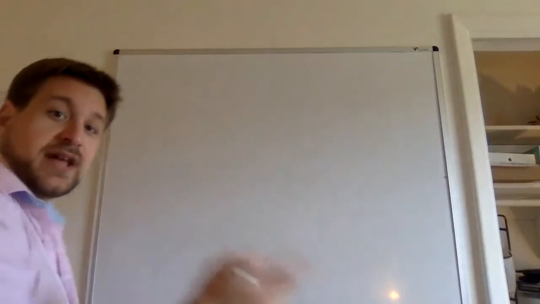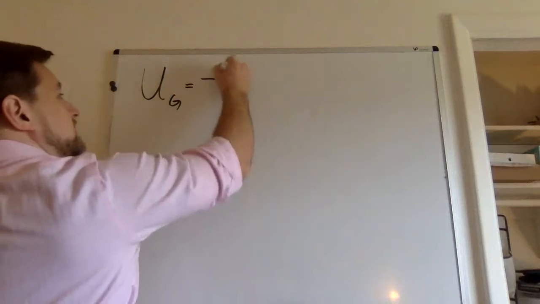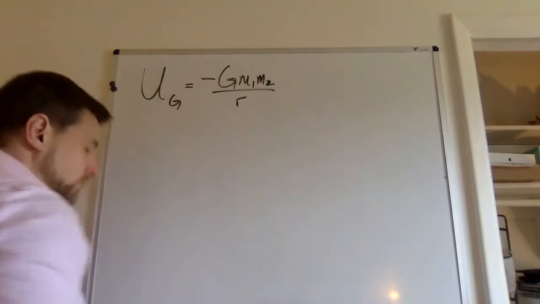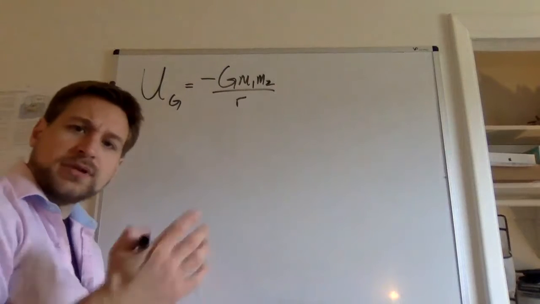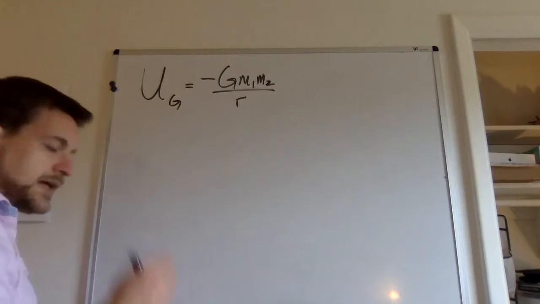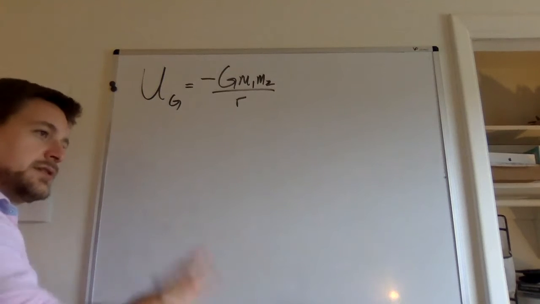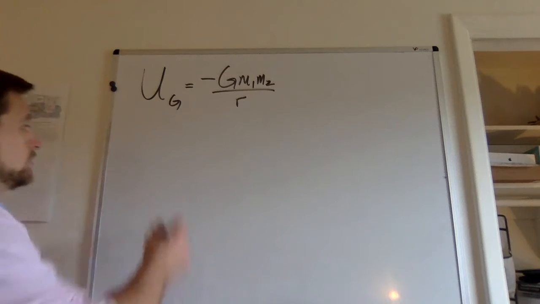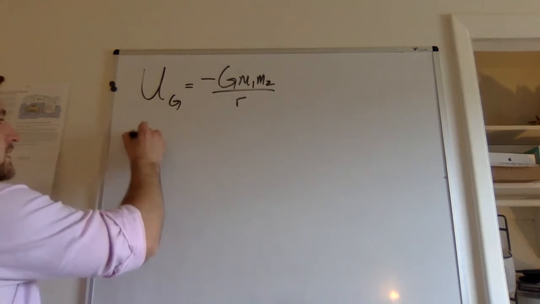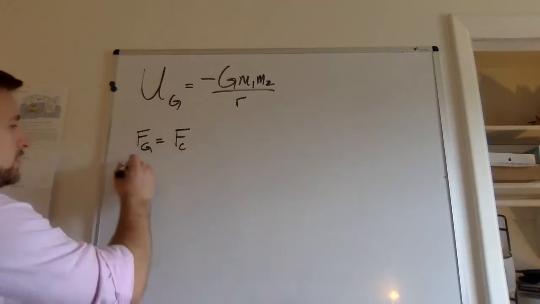Okay, so now that we know that the gravitational potential energy is negative G m1 m2 over r, we can explore a couple applications of that. To prove Kepler's third law using Newton's law of gravitation, we said that the force of gravity needs to be doing the centripetal requirement.